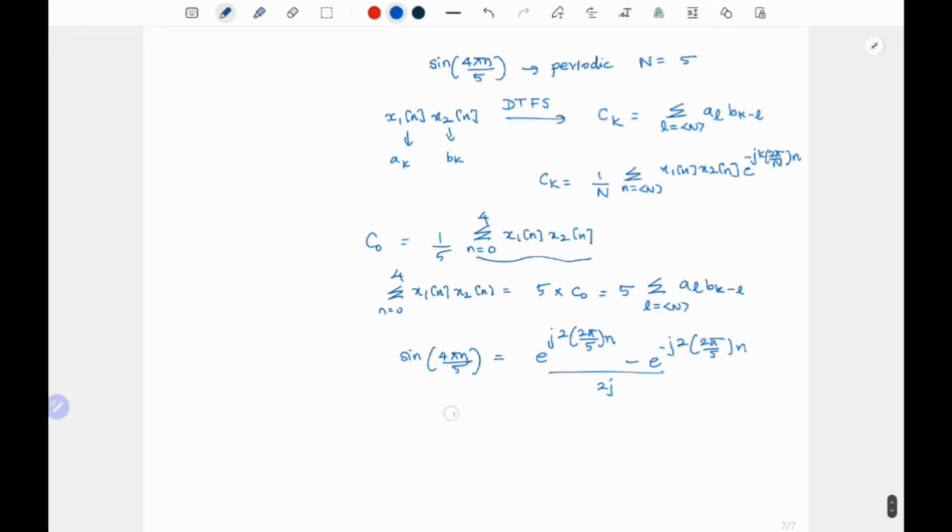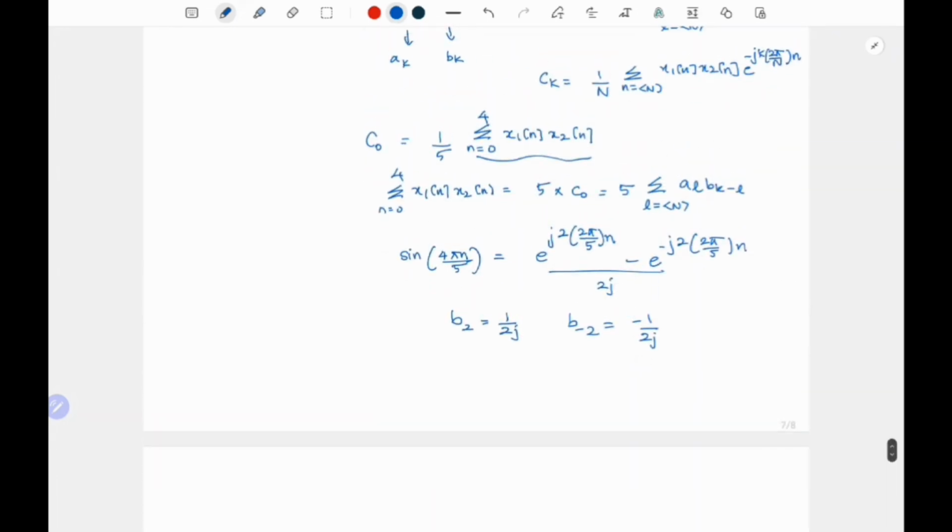So this says that, let me call it b, b2 is 1 over 2j and b minus 2 is minus 1 over 2j, right? And the summation I can take over any 5 sequence, right?